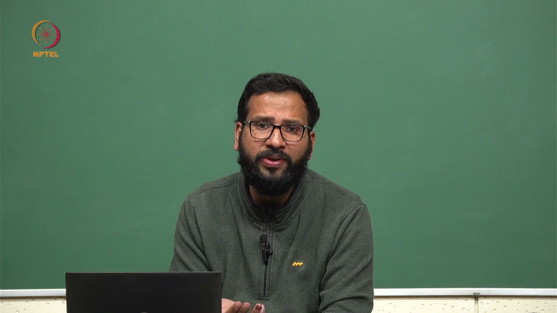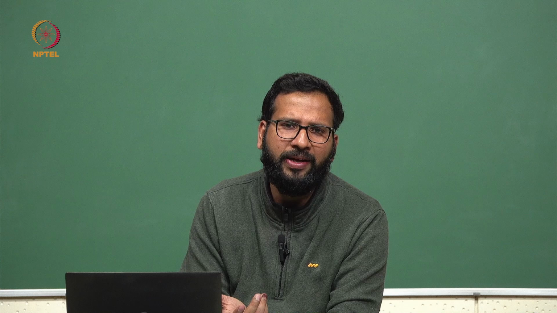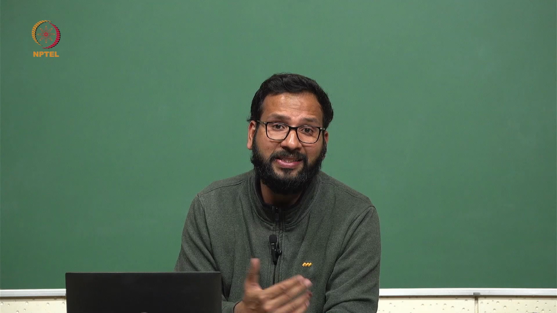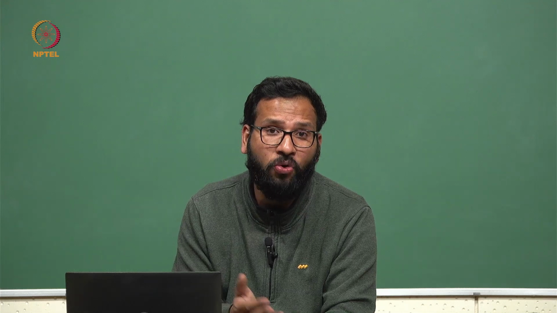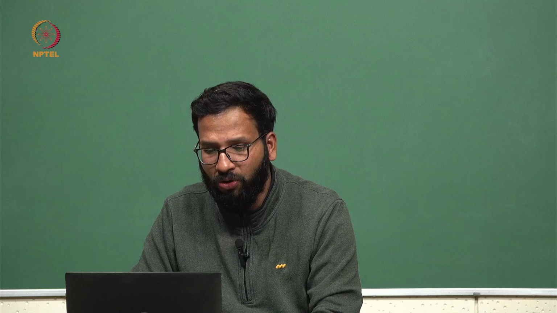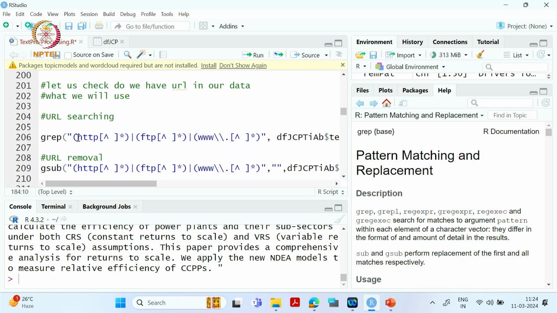Many times we have some other strings like a URL or email ID in the abstract, so we can remove those also. Let us check whether we really have URLs or emails in our abstract. This is the pattern. It matches any occurrence of HTTP, because a URL can start with HTTP or HTTPS or FTP or maybe www dot.